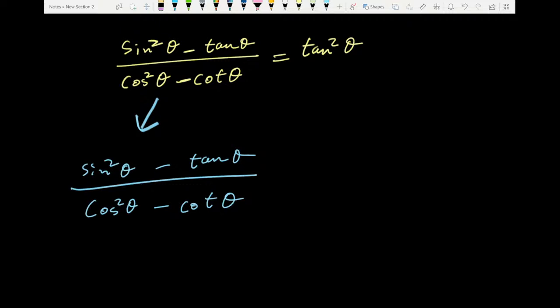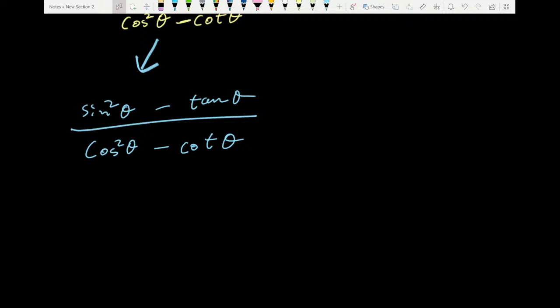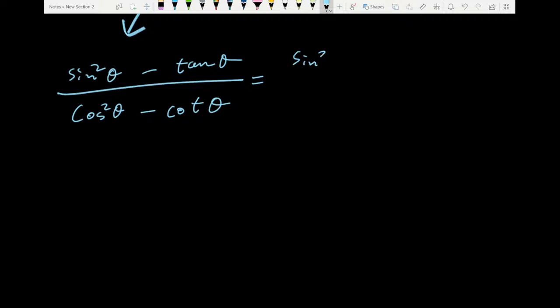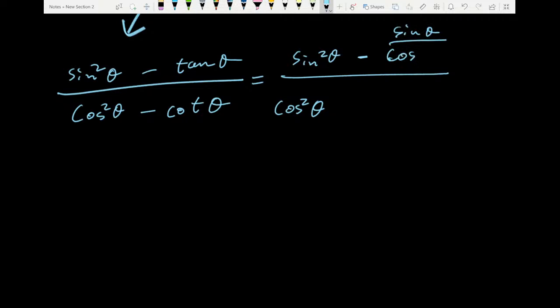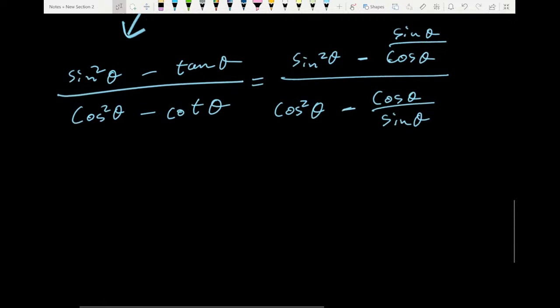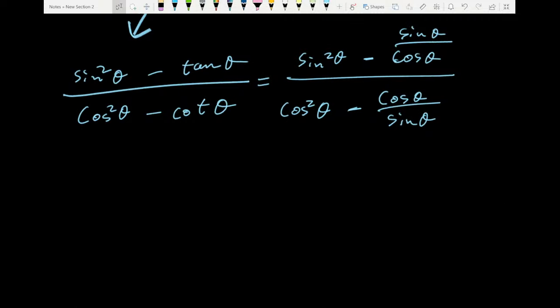So the way we go about doing this, I'm going to rewrite it as sine of theta over cosine of theta, and cosine of theta over sine of theta. This is the part that's going to confuse you guys right now. We want to get a fraction over fraction.